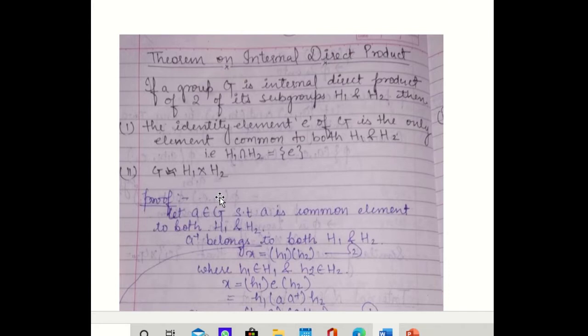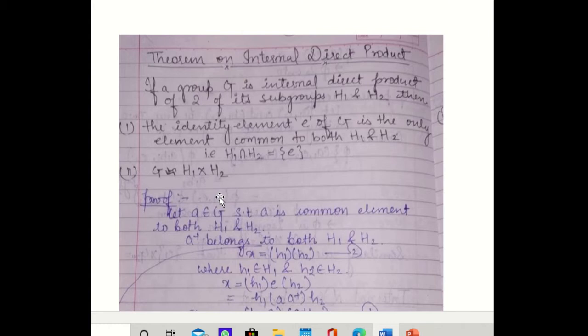Let G be a group and H1 and H2 be two subgroups of G. You know the identity element is the same in a group and its subgroup, so the identity element E of G will be the identity element of H1 and H2.